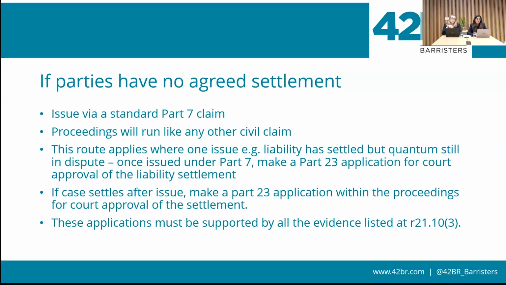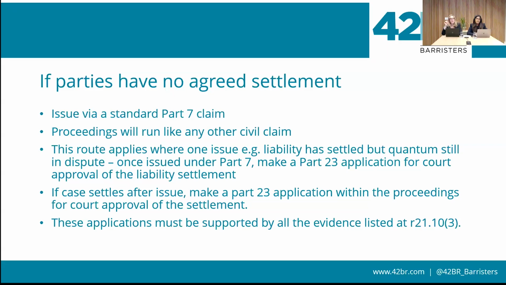If you're in a situation where you've issued the case and then it settles, and that might be the situation if, for example, you're running tight up against limitation and you just have to issue so that you don't prejudice the claimant's position, and then you get into settlement negotiations afterwards. In that case, you would again make a Part 23 application within the Part 7 proceedings for approval of the settlement.